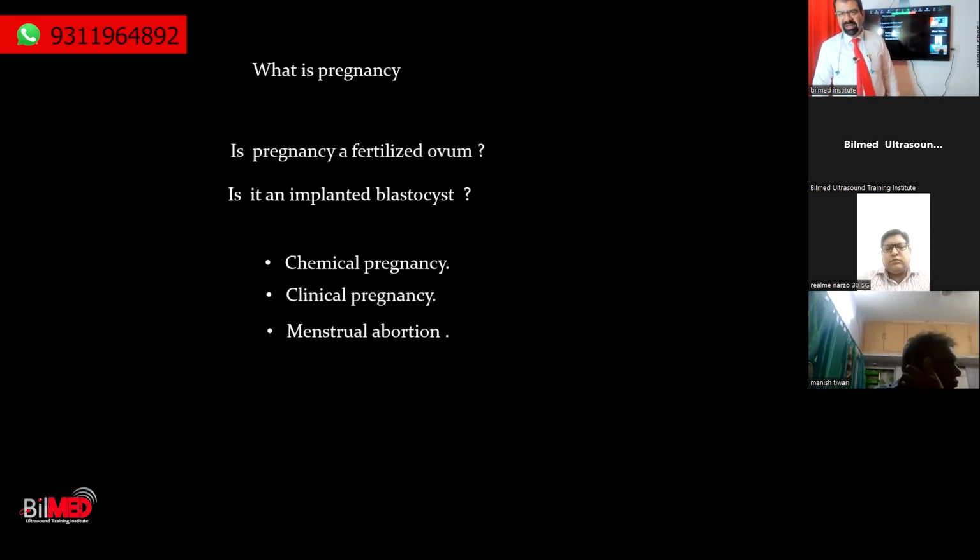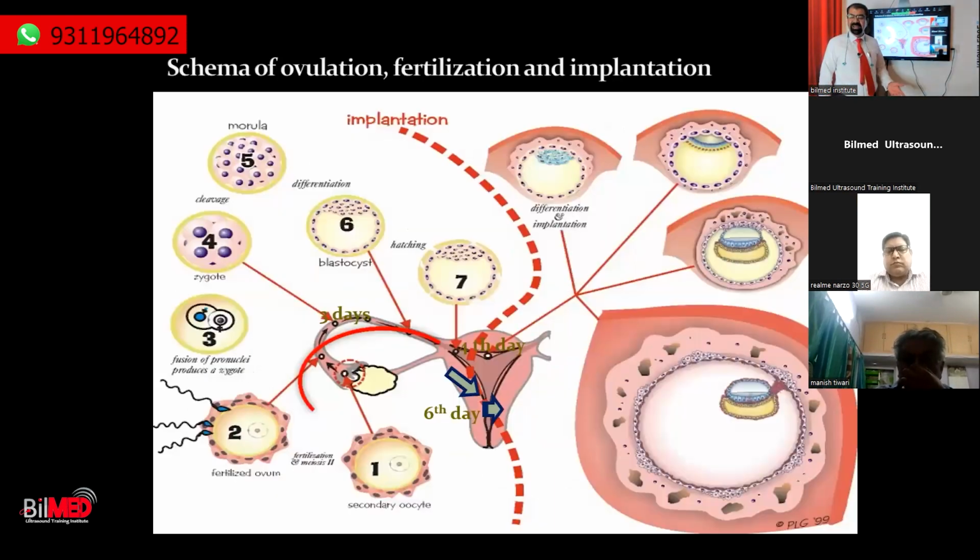This is about a 90% relevant answer. Now, let us go back to the embryology. Now, see the importance of embryology. I told you that that's the backbone. This is the backbone.